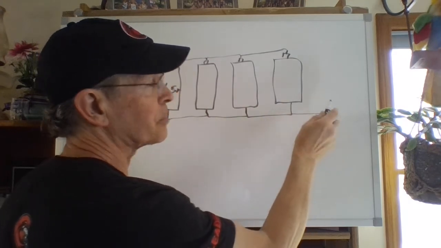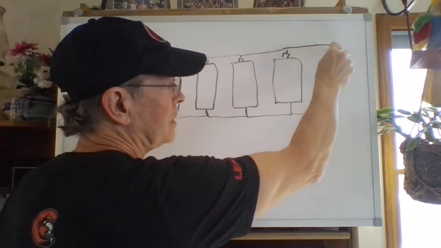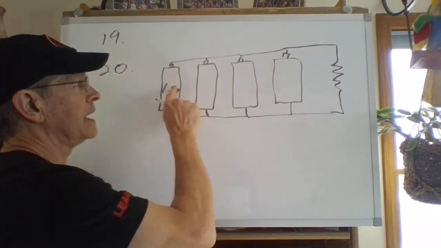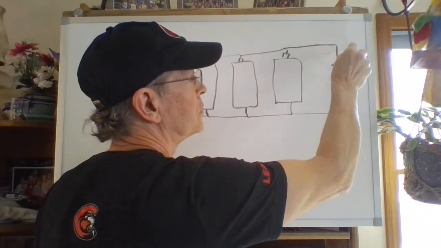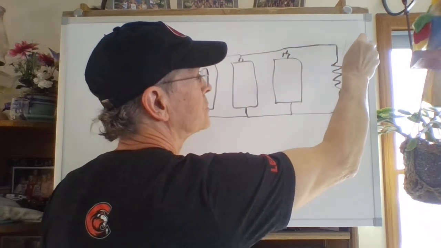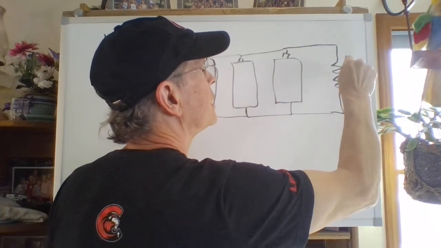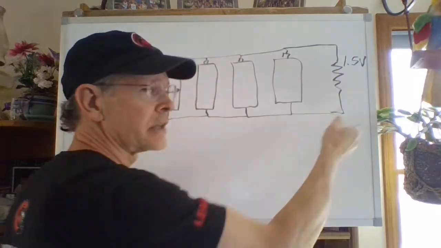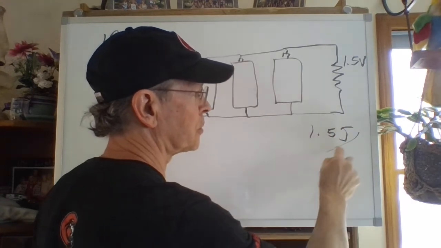You always connect the positive to the positives and the negative to the negative. Well, if you ran that current through, every coulomb of charge would do 1.5 joules of work. 1.5 volts. Every coulomb, 1.5 joules of work per coulomb.